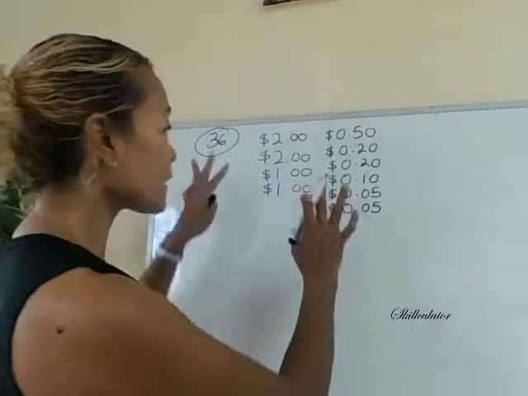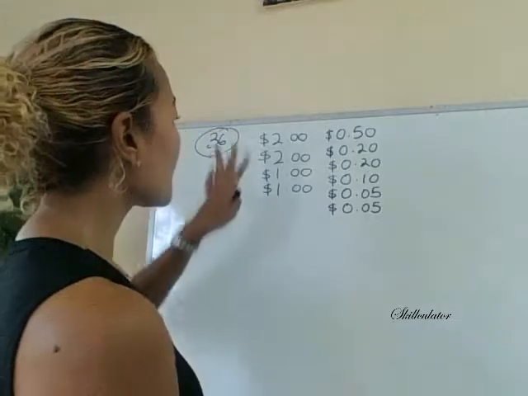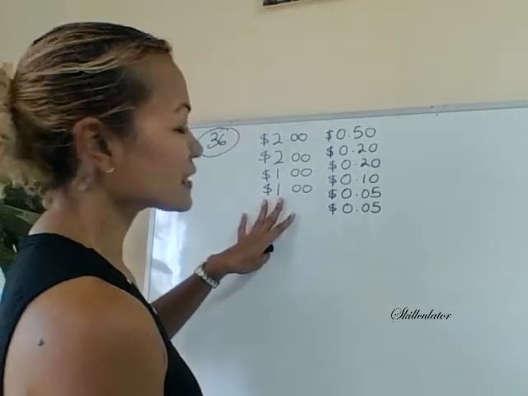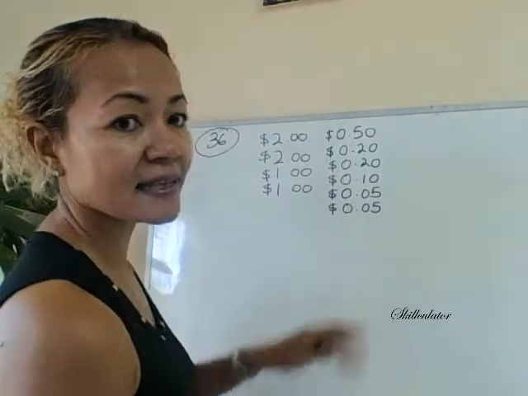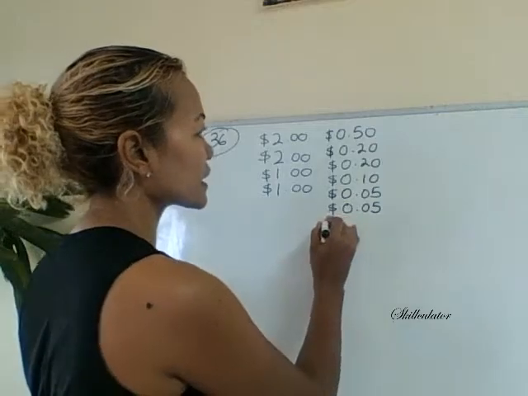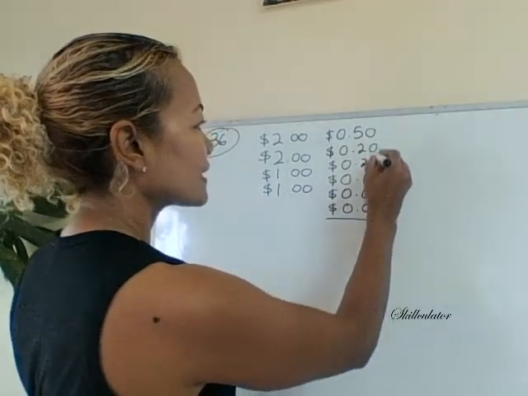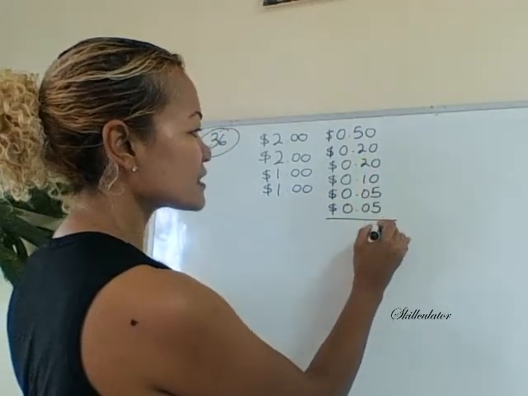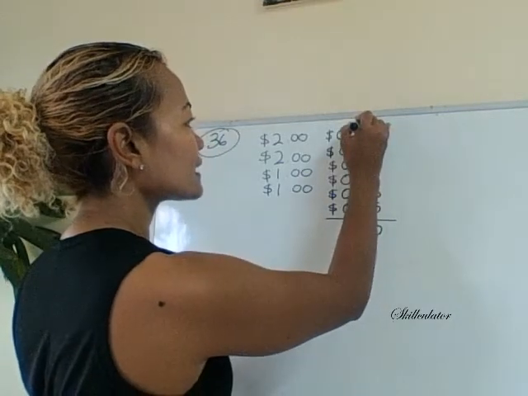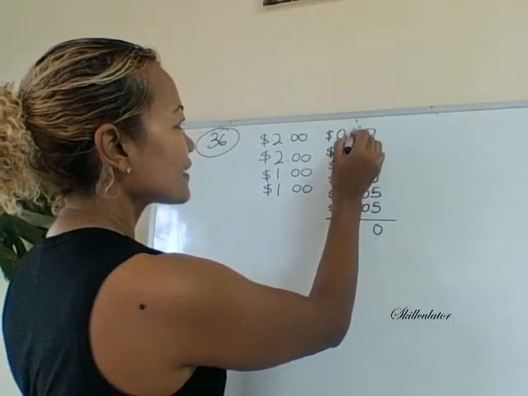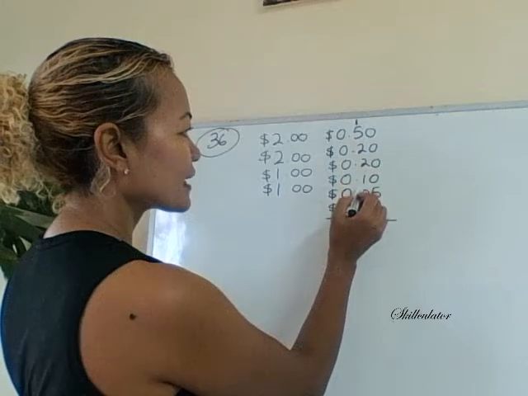Okay, so I'm going to add up these two separate columns. One is the dollar coins and one are the smaller denomination coins. Let's start with here. 5 plus 5 is 0. 0, carry 1. Here that's 5, 6, 7, 8, 9, 10, 11.